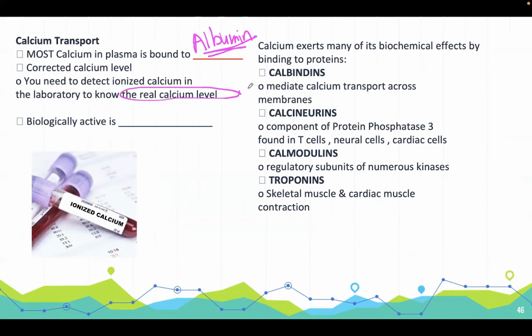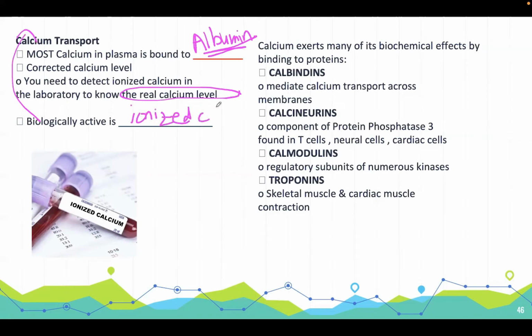Pagka po magpapatest yung inyong parents or kayo sa laboratory sa clinical chemistry, to be specific, ang i-request ng doktor para ma-check yung calcium level ng patient, ang tawag na po doon ay ionized calcium because the biologically active calcium, ang tawag na po doon ay ionized calcium.